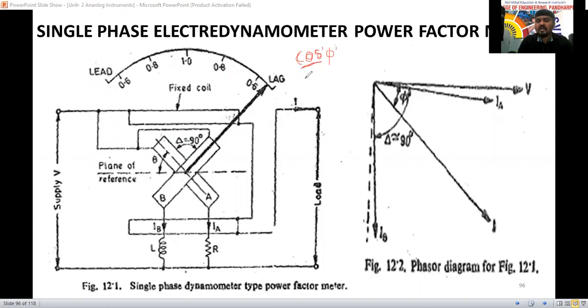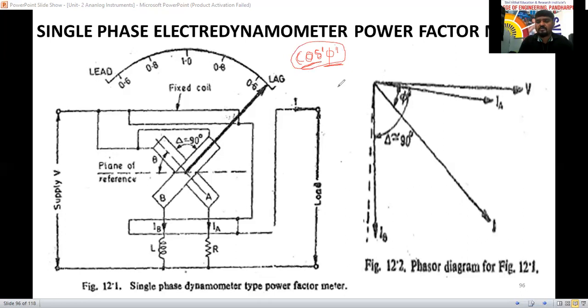Phi is the phase angle. The phase angle is nothing but the angle between voltage and current. The cosine of the phase angle between voltage and current is what we call the power factor.